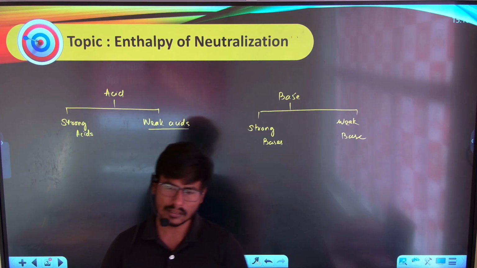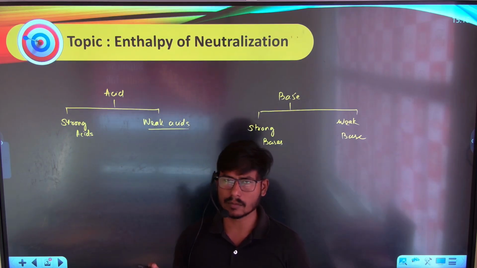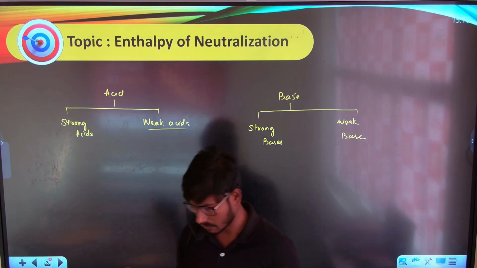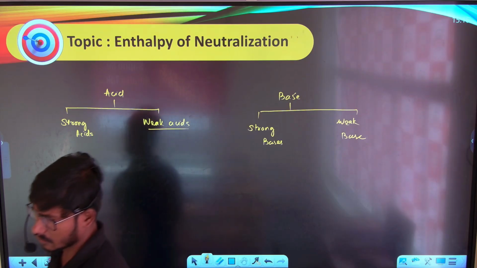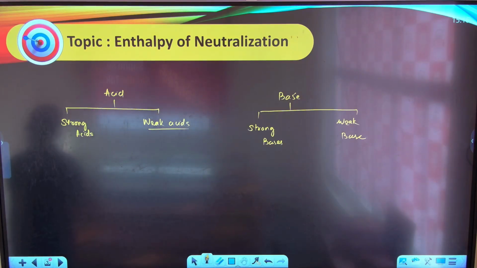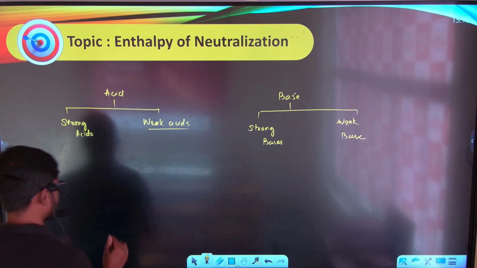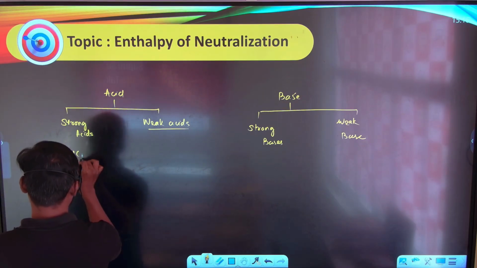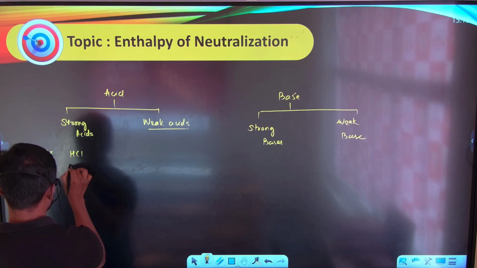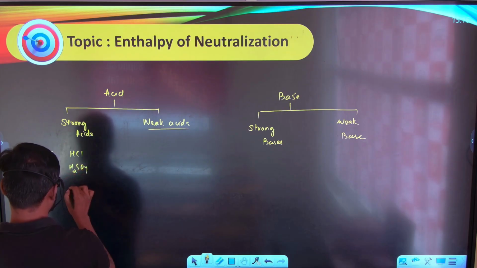On the other hand, if those acids or bases do not ionize completely or do not dissociate completely, we call them weak acids or weak bases. Some examples: strong acids like HCl, H2SO4, HNO3.